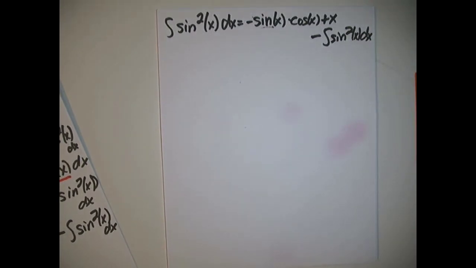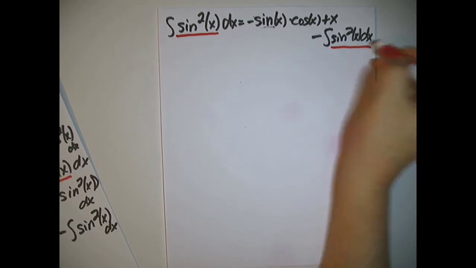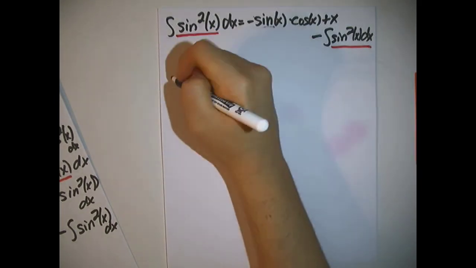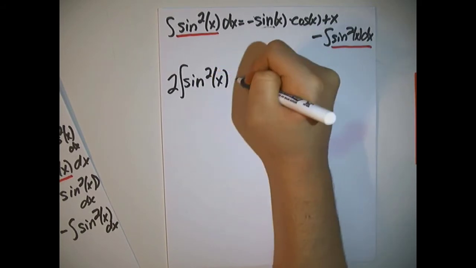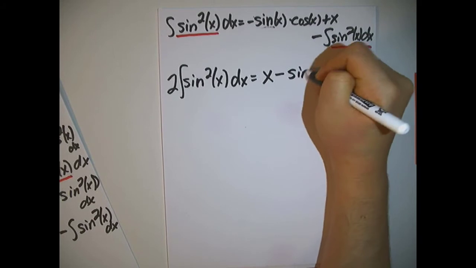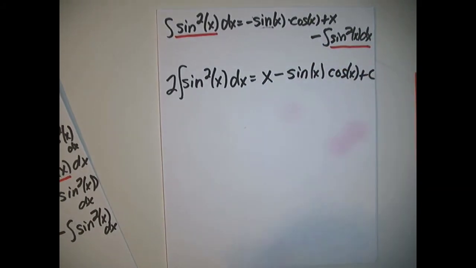And this is actually, despite looking bad, because we've got a sine squared over here and a sine squared over here, the good place to be, because I can add this integral of sine squared of x to both sides, which gives me 2 times the integral of sine squared of x dx is equal to x minus sine of x cosine of x plus c.